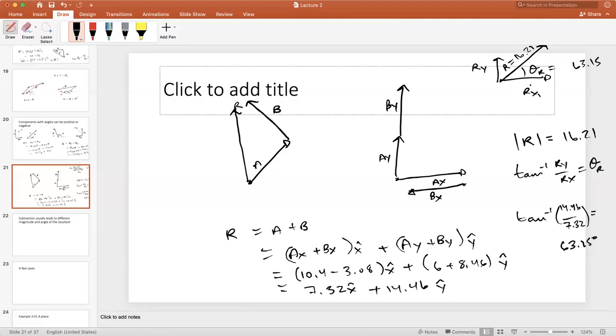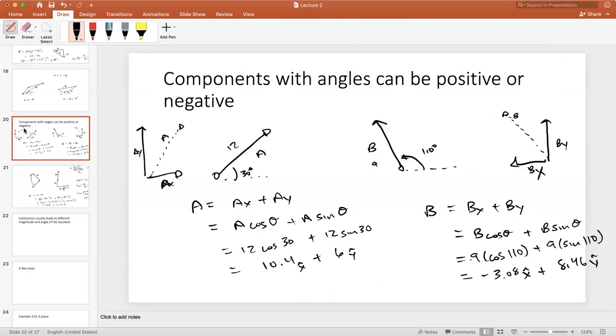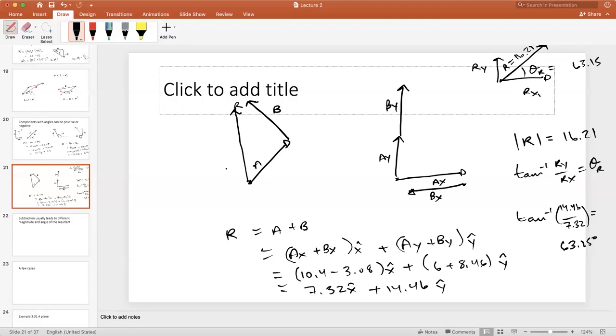Okay, so I can take any two vectors, break them up into their components, which is what I did here, and then add those components to figure out what my resultant vector is, which is the addition of those two.